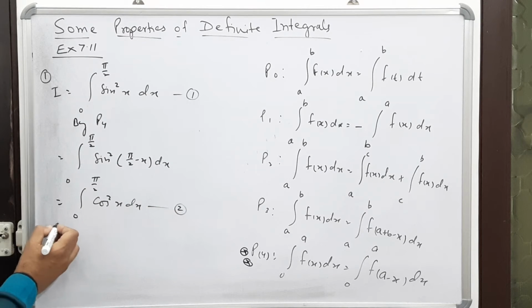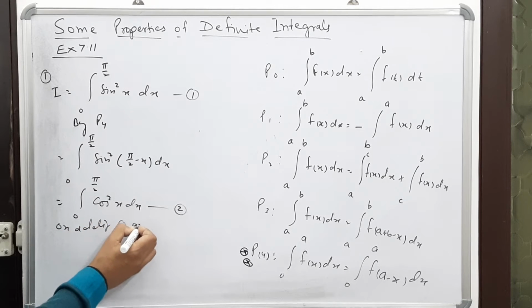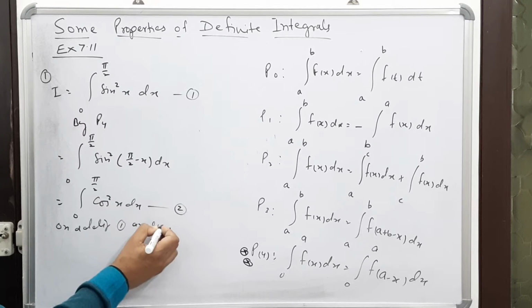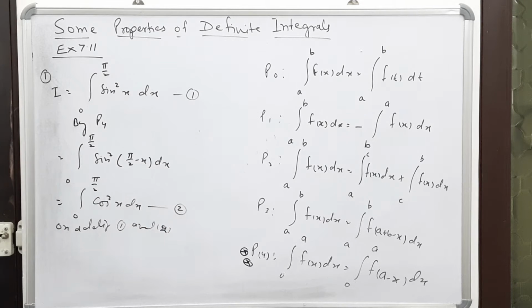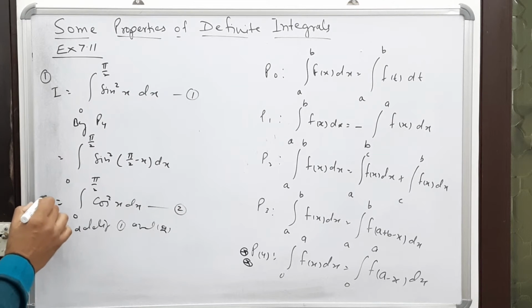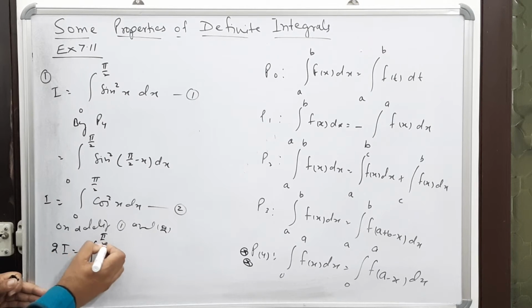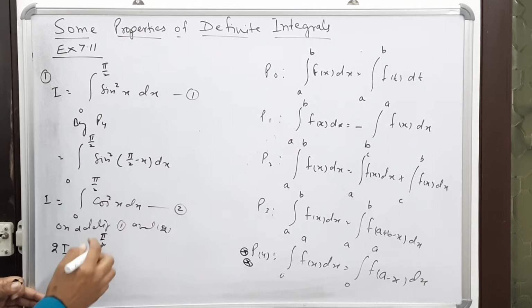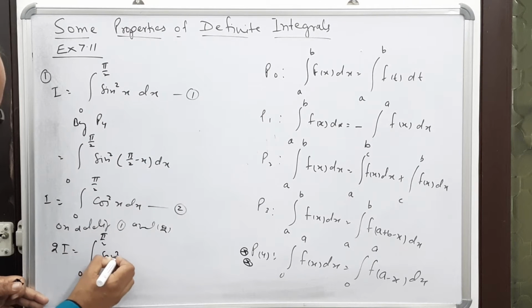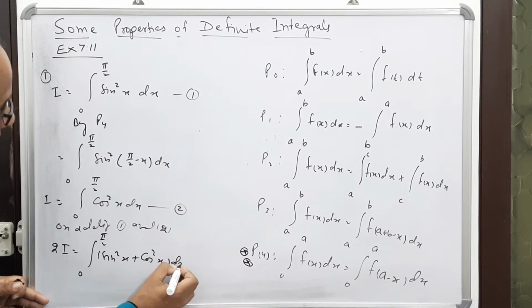Now, on adding first and second, please see nicely, you will find that this is I and I, so it will be 2I, and here 0 to pi by 2 of sine square x plus cos square x dx.